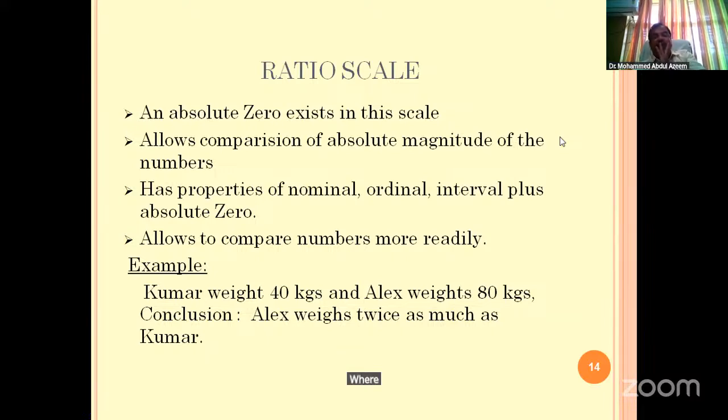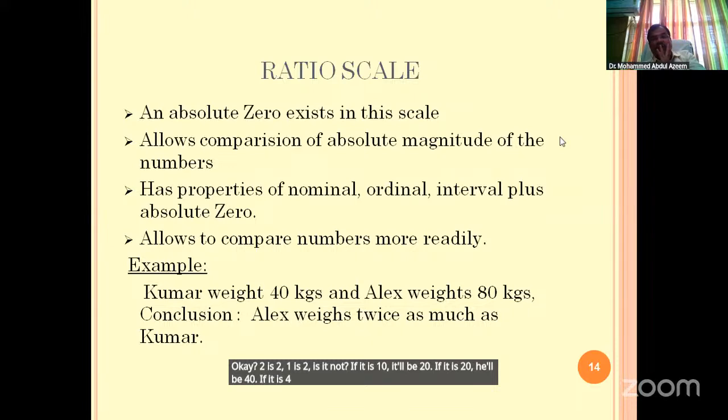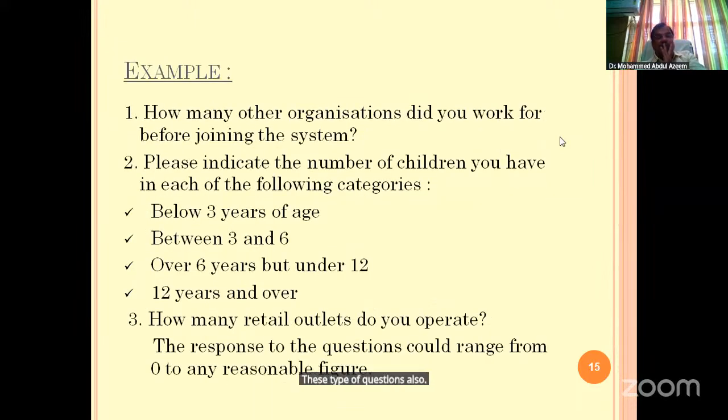If Kumar weighs 40 kgs and LX weighs 80 kgs, how do you conclude? LX weighs twice as much as Kumar; the ratio is 1:2, is it not? If it is 10, he will be 20. If it is 20, he will be 40. If it is 40, LX will be 80. This type of question we also ask.